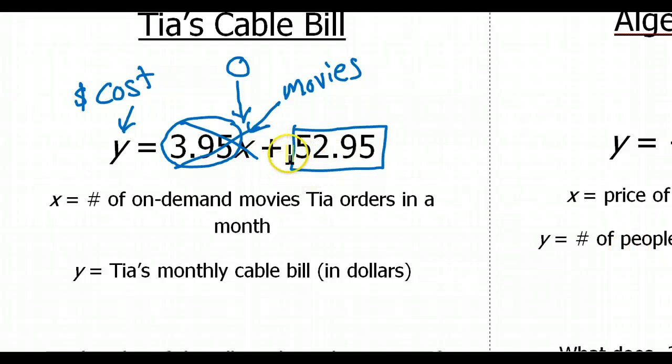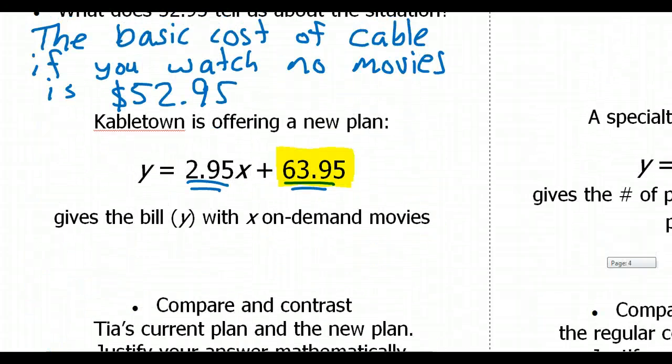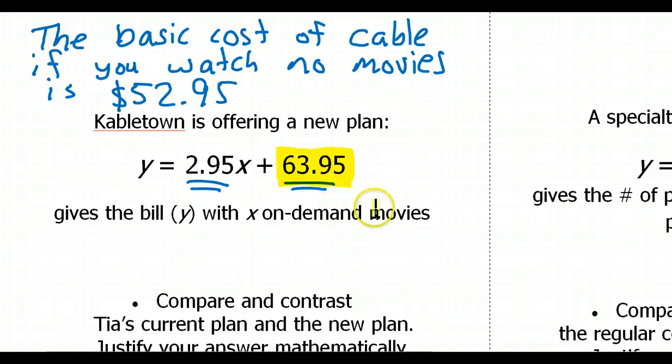For Tia's cable bill, if you don't watch any movies, you're paying $52.95. So you're actually going to pay more with the new plan as far as the basic rate.